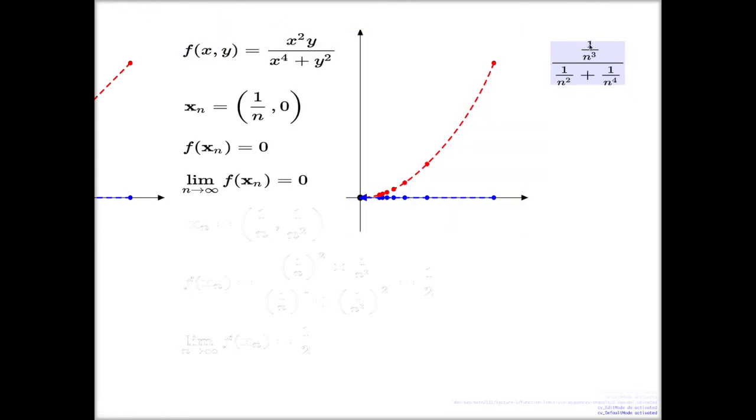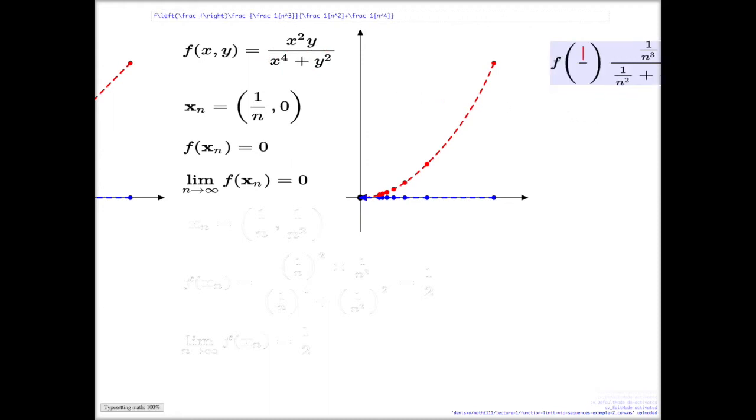I mean, for the numerator, you have 1 on n cubed. x4 gives you 1 on n4, and y4 gives you the same. This is the value of the function on the bisectorial approach. So this is the value of my function on 1 on n, 1 on n.